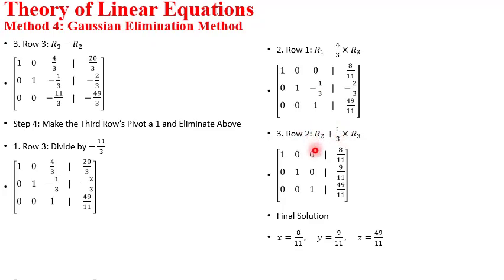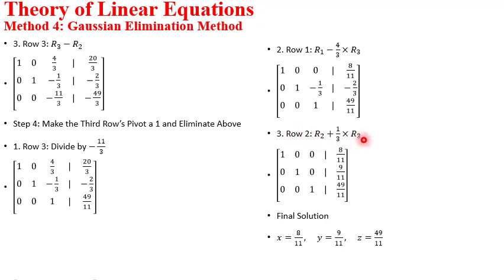So that gives us, for row 2, we simply add row 2 plus 1 all over 3 times row 3.